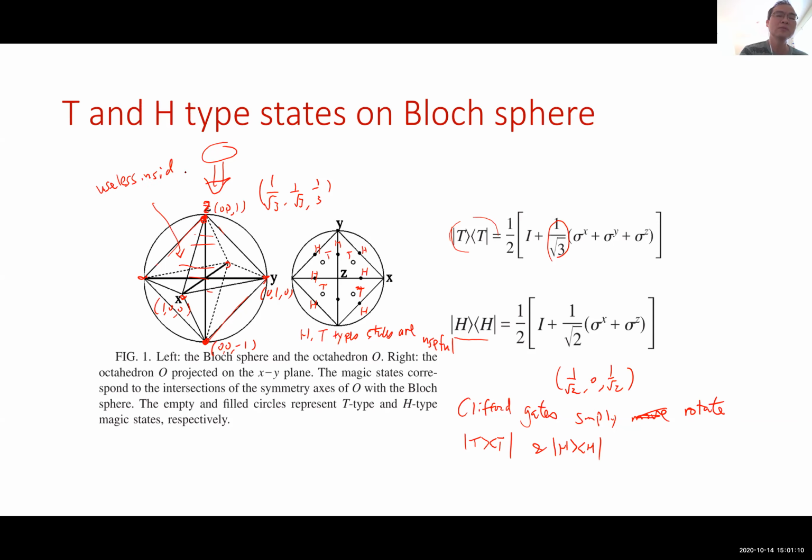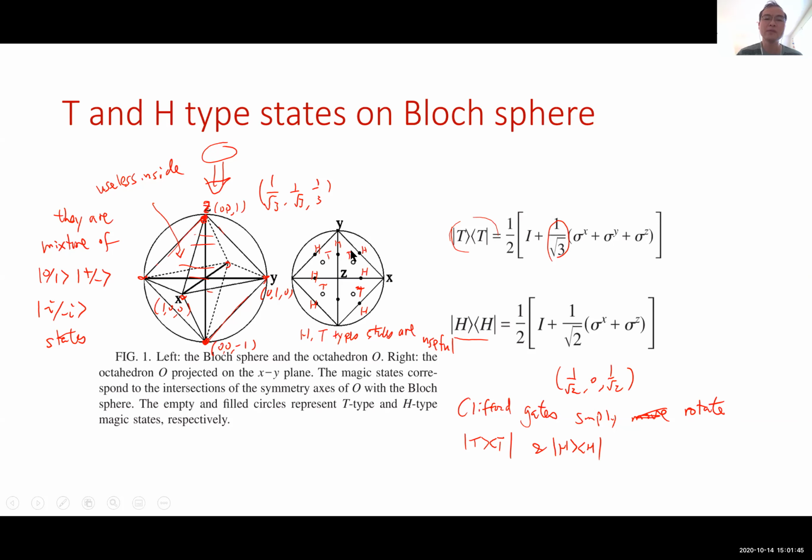because they are mixtures of the 0, 1, plus, minus, i, minus i states. Okay, so the natural question is to ask what is the useful region? Of course, it has to be outside this octahedron.